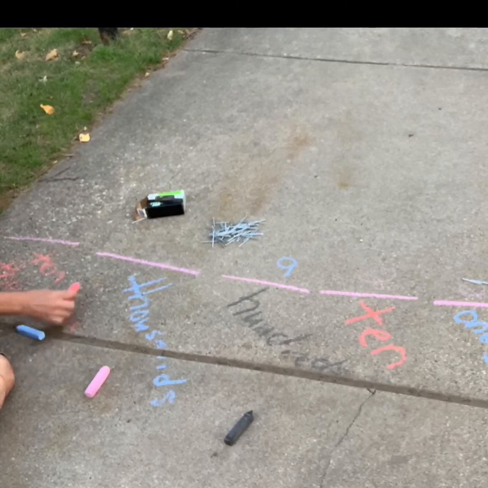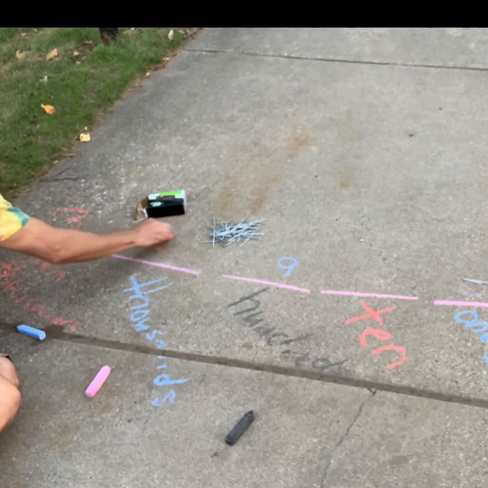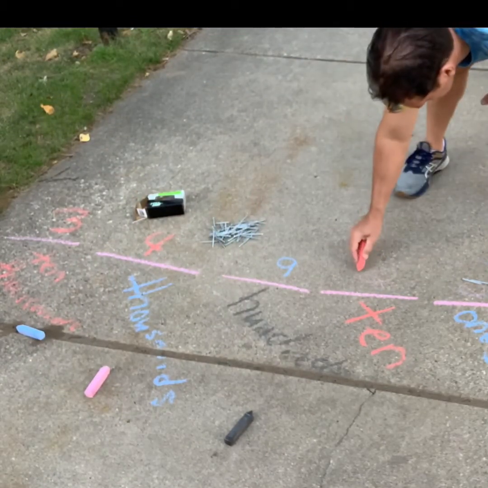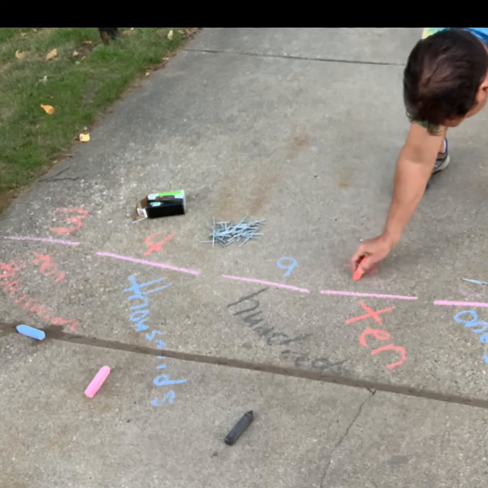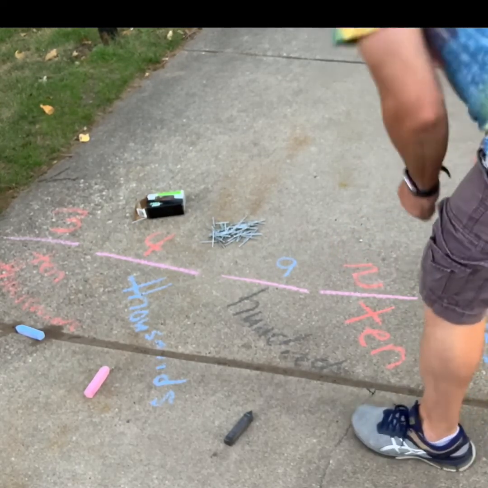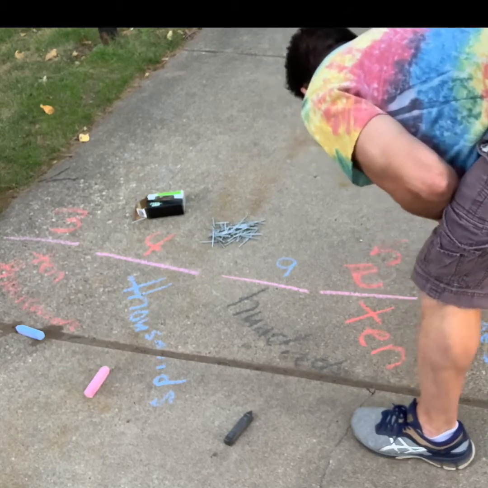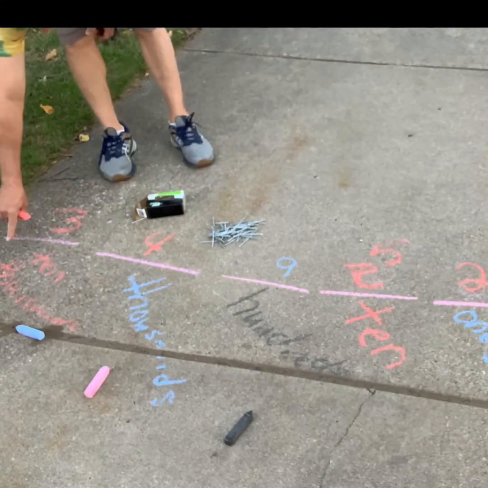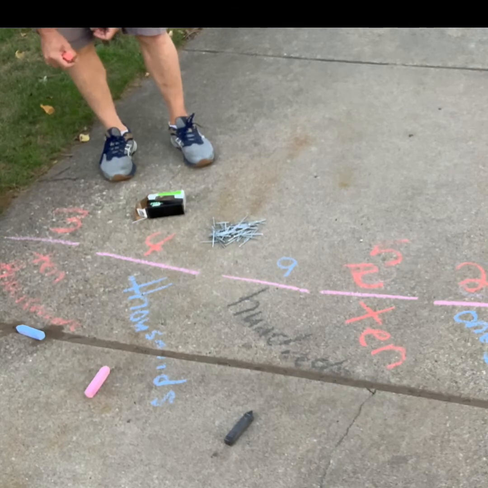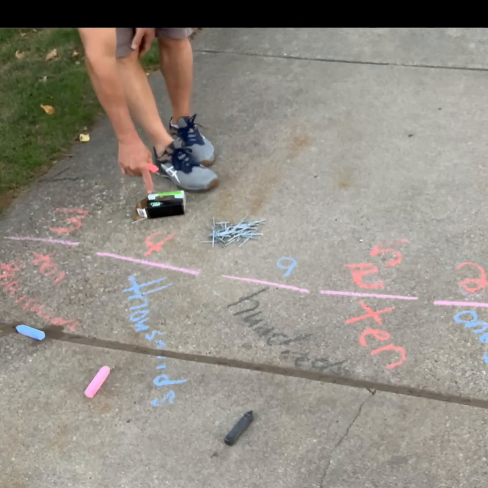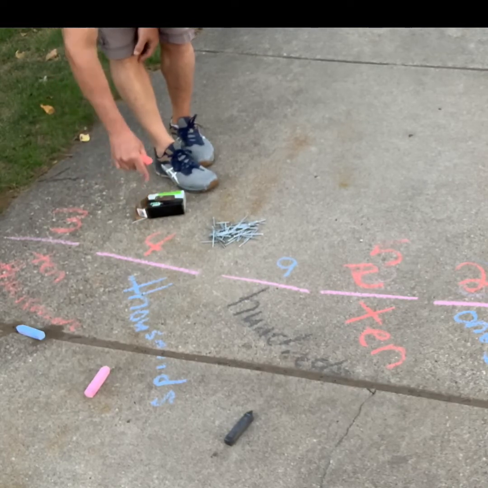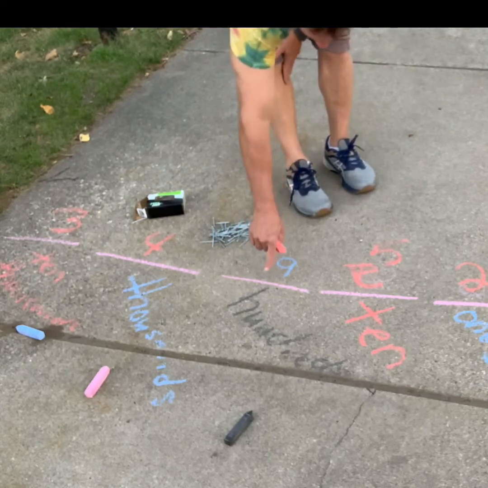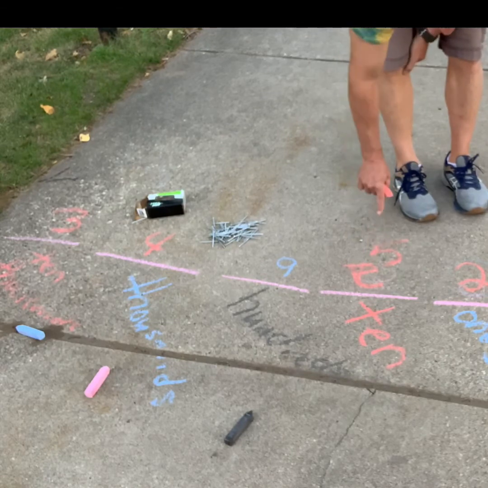So if I had this number, 3, 4, 9, 5, and 2, that would mean I have 3 10,000s, which is 30,000, and 4,000, so 30,000 and 4,000 is 34,000. 9 hundreds, so that's 900. 5 tens, so that's 50.